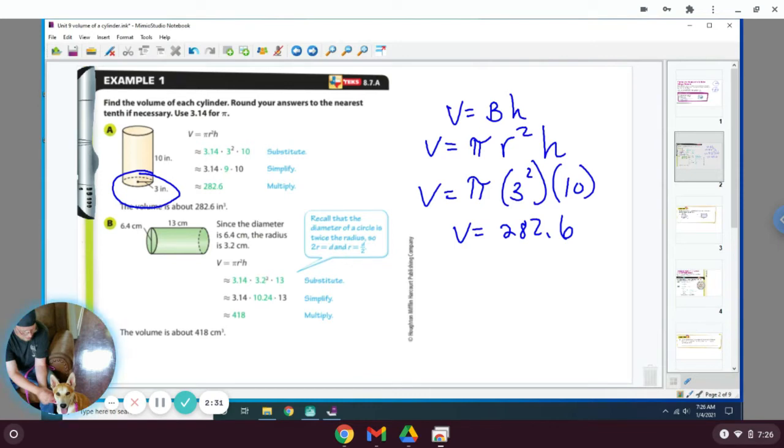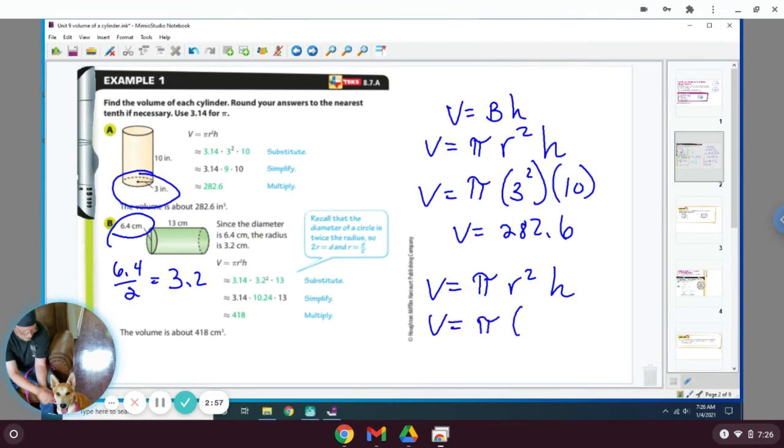Okay, for B, we're going to do the same thing, but here they give you the diameter. So we're going to do 6.4 divided by 2 to get the radius, which is 3.2. Now V equals pi radius squared times height. Pi is 3.14, or the pi button on the calculator.